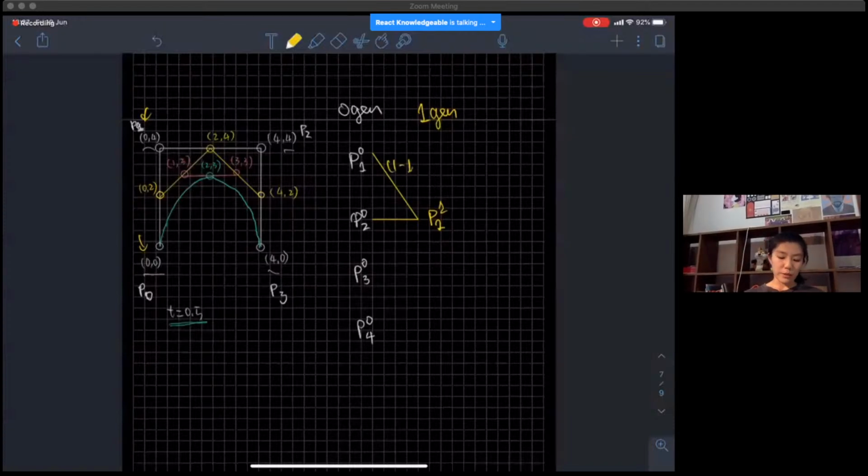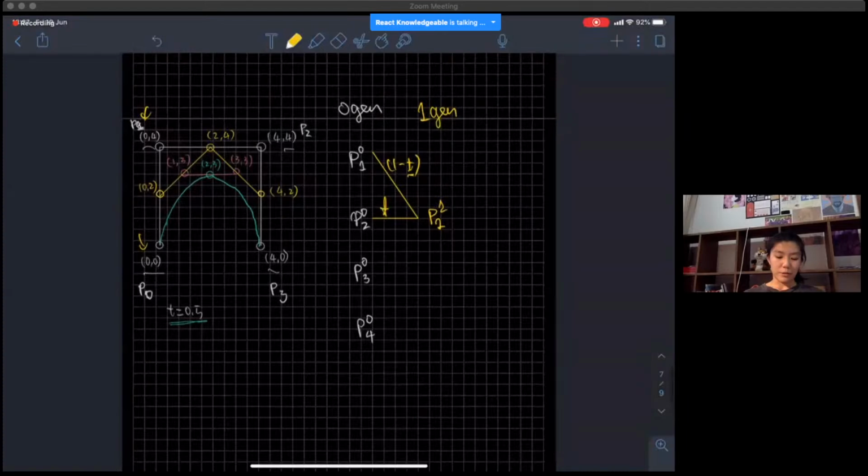Intuitively, what this means is when t is really small, like when this is 0, this is doing nearly exactly what P0 is doing, because it's multiplied by 1, and then we're multiplying P1 by t. So when t is really small, it is doing nearly nothing of what P1 is doing. But when you move along, it is doing more of what P1 is doing.